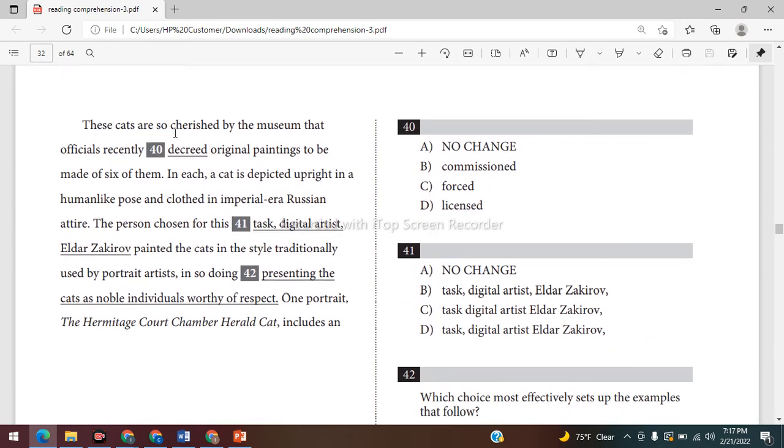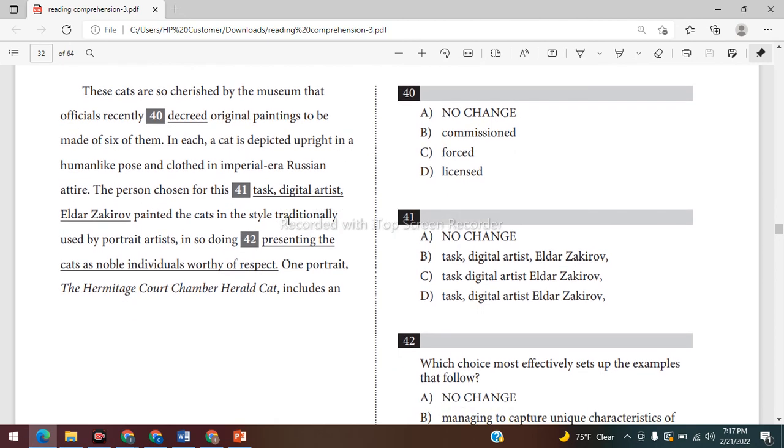These cats are so cherished by the museum that officials recently decreed original paintings to be made of six of them. In each, a cat is depicted upright, in a human pose, and clothed in imperial era Russian attire. The person chosen for this task, digital artist Eldar Zakirov, painted the cats in the style traditionally used by portrait artists, presenting the cats as noble individuals worthy of respect.